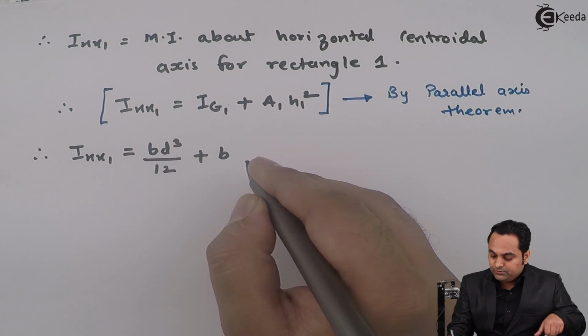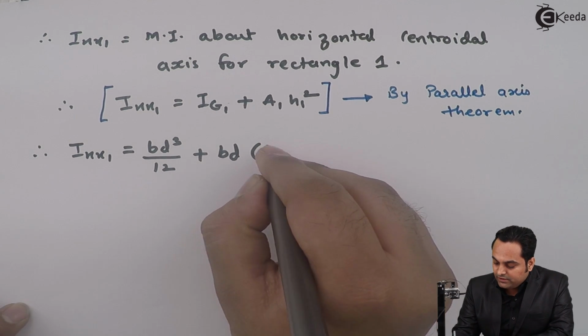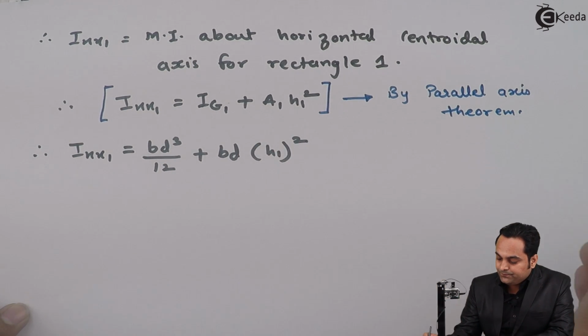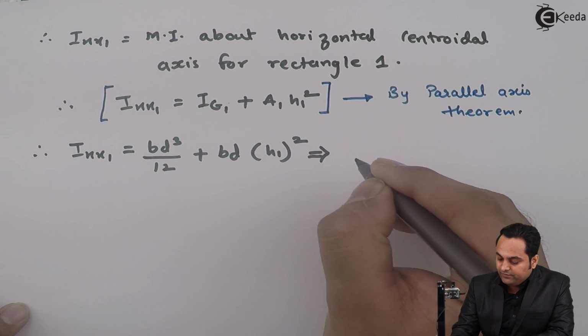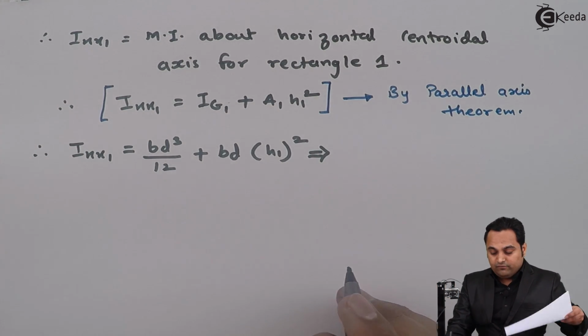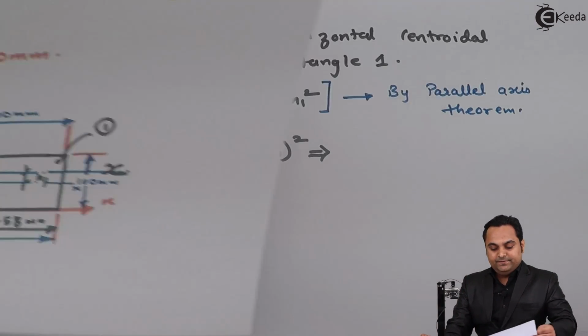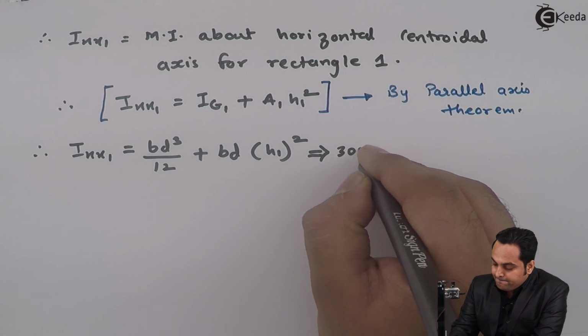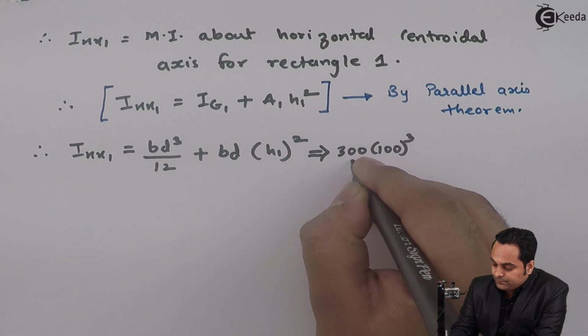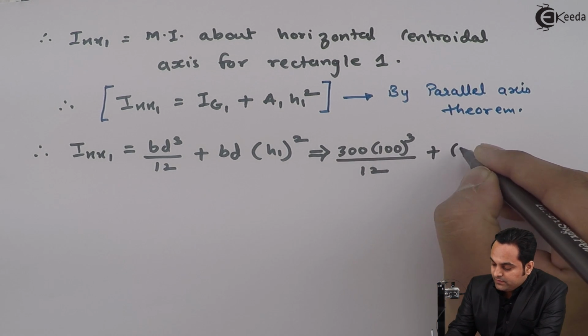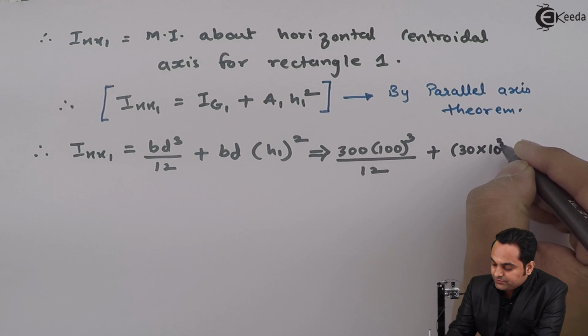Area is b into d, and here we have h1 square. So if we go on putting the values, b and d for rectangle number 1, b is 300, d is 100, plus area was 30 into 10 raised to 3.